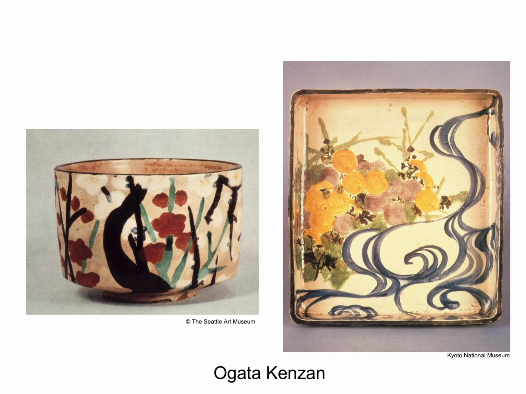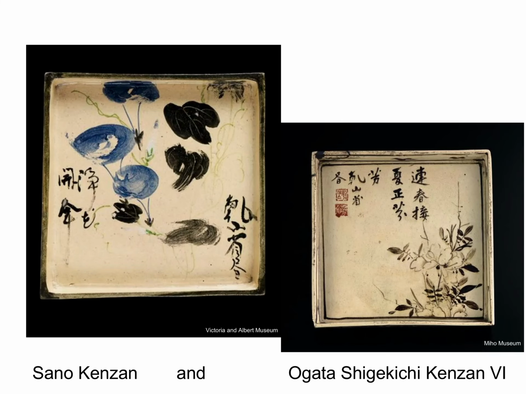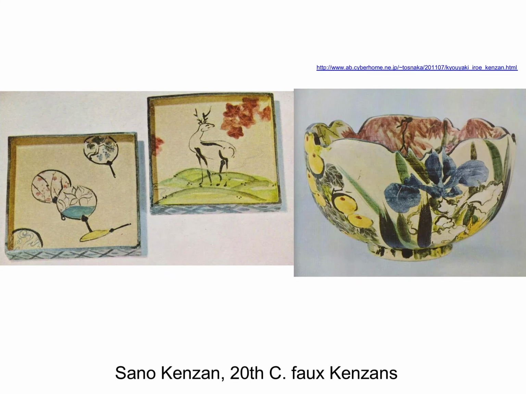The two examples I'm showing you now are by Ogata Kenzan, their original that he made himself in the 18th century, and those on the left are Sano Kenzan, which were made to fool collectors at the beginning of the 20th century and quite successfully. And then you have a follower of Kenzan, Ogata Shigekichi Kenzan VI, who was simply a follower of him and made work without trying to fool anyone that they were original, although they're very close to the original.